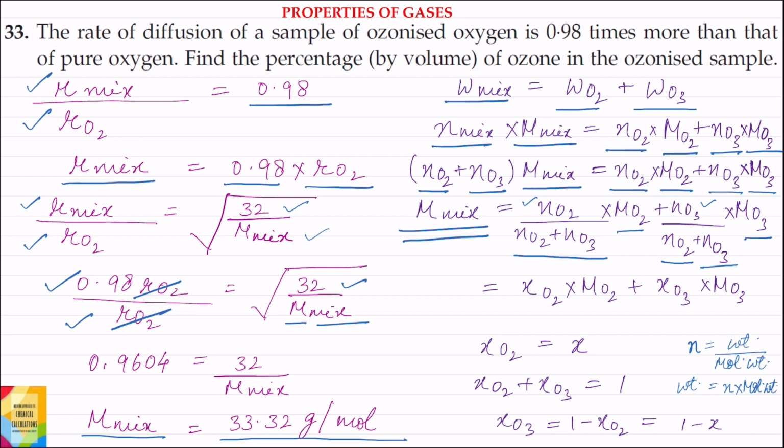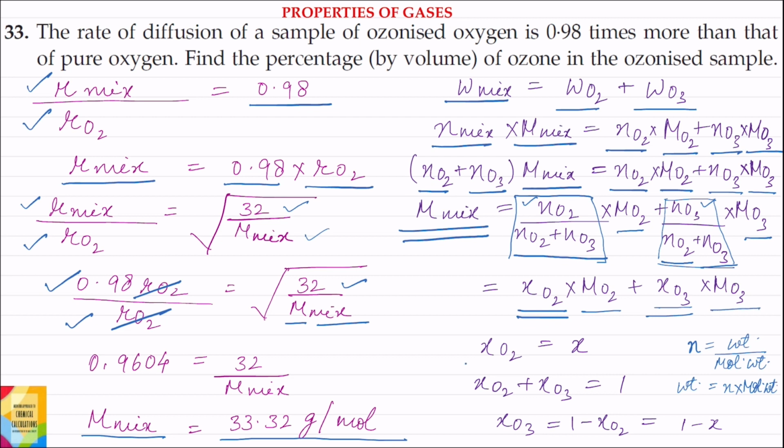Now the expression, number of moles of oxygen divided by total number of moles, gives the mole fraction of oxygen. Similarly, the number of moles of ozone divided by total number of moles gives the mole fraction of ozone. So the formula for the molecular weight of the mixture becomes mole fraction of oxygen times molecular weight of oxygen plus mole fraction of ozone times molecular weight of ozone.